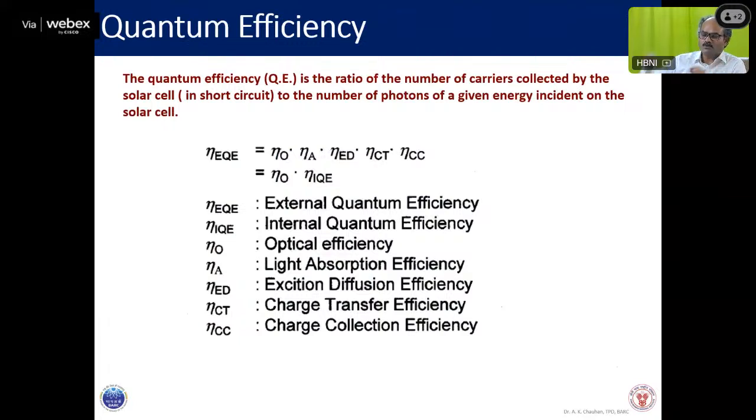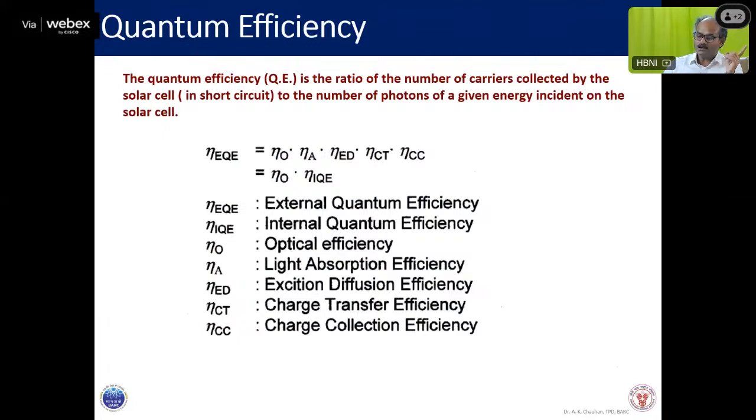Suppose you absorb one photon in the solar cell and you get one electron hole pair, then the internal quantum efficiency of my solar cell is 100%.